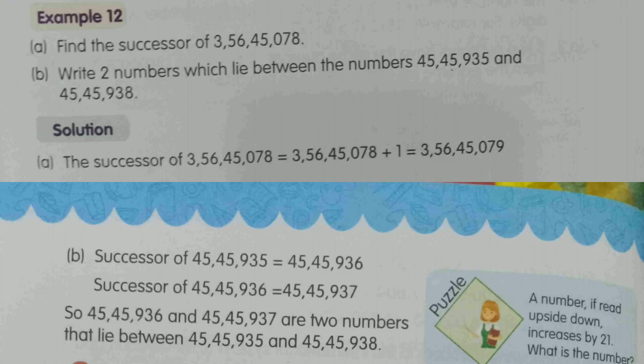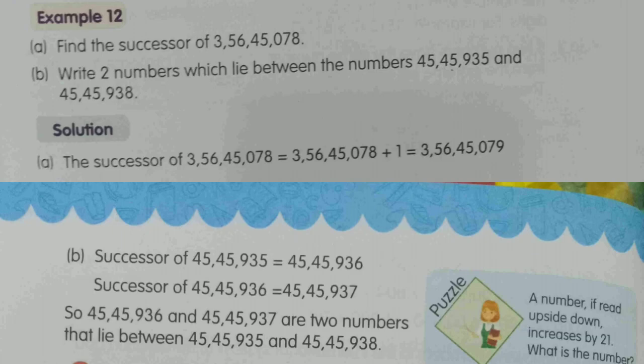Part B says to write two numbers which lie between 4545935 and 4545938. First of all, we calculate the successor of 45,45,935 by adding 1, and we get 45,45,936.